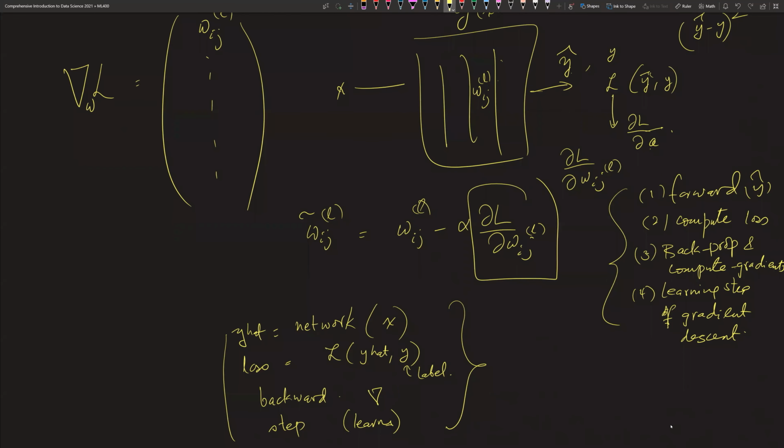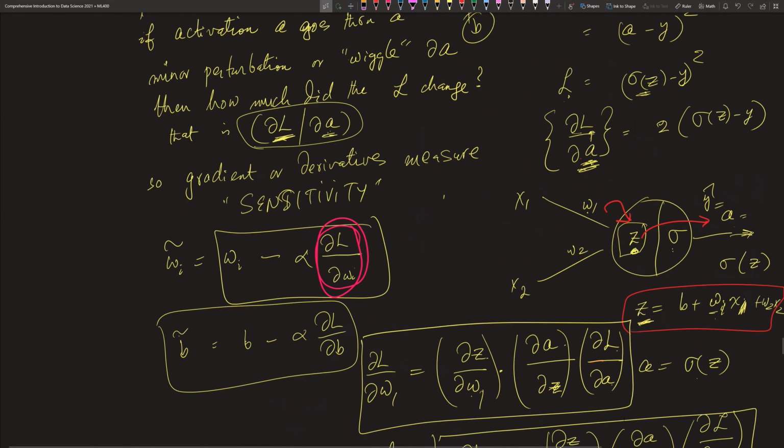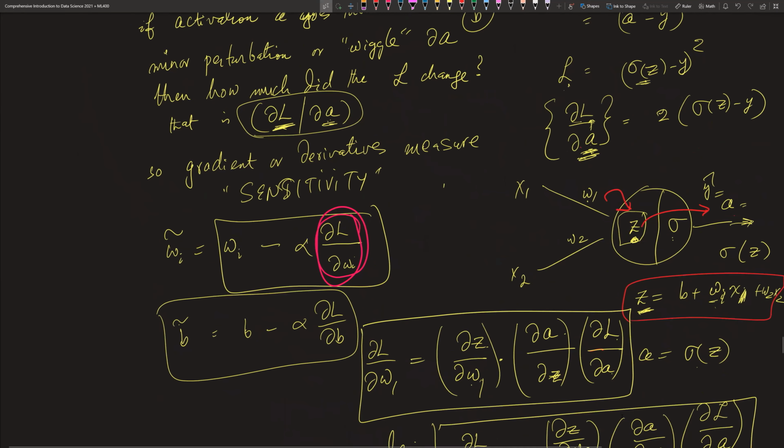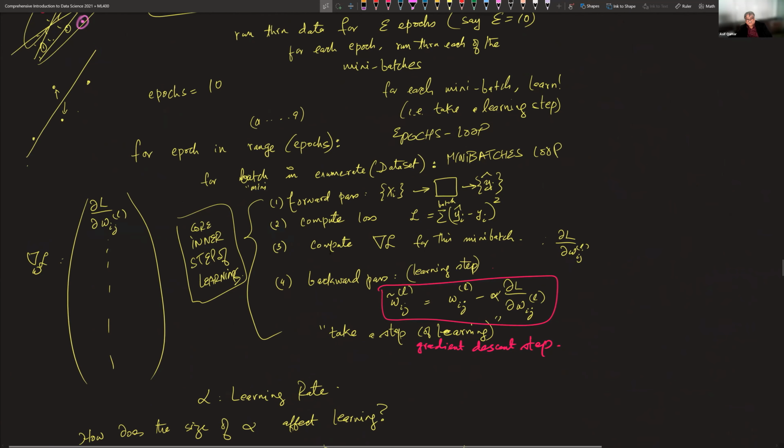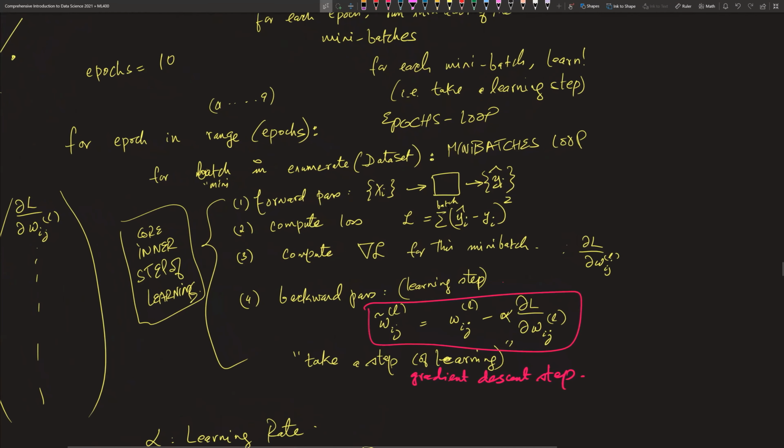If you can scroll up to the part where you wrote this inner loop in detail. So the backward pass should be the third point, and the fourth one is the step. Computing the gradient is called backward, and the fourth is called the step.